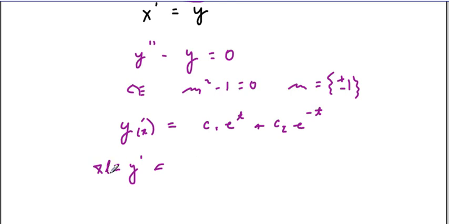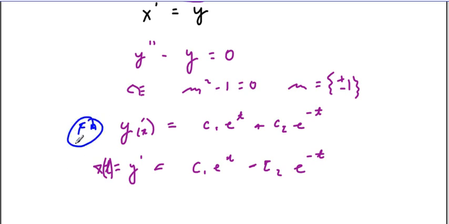So x of t is going to equal c1 e to the t minus c2 e to the minus t. Okay, final answer for y of t, final answer for x of t. All right, moving on to the next guy.